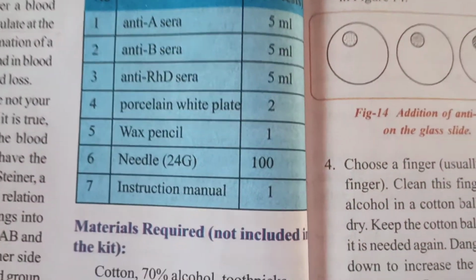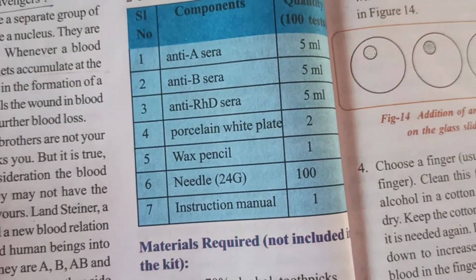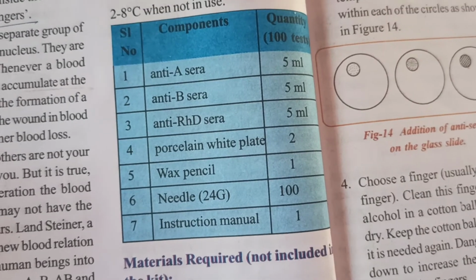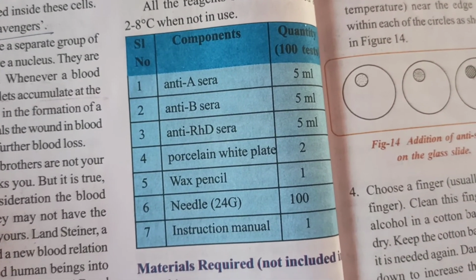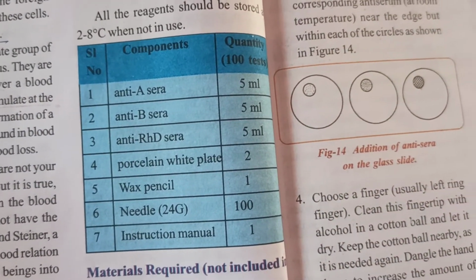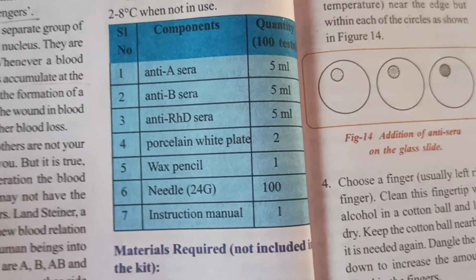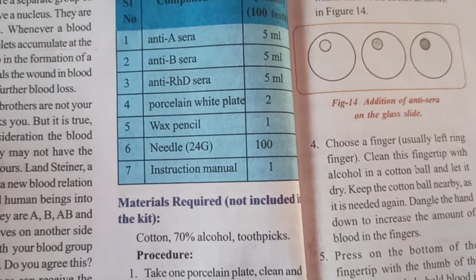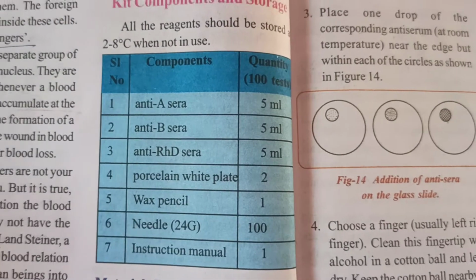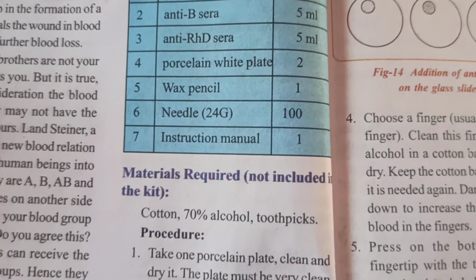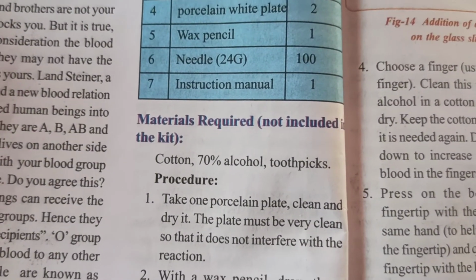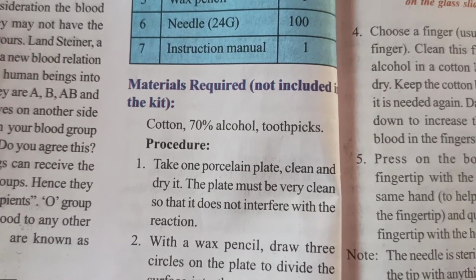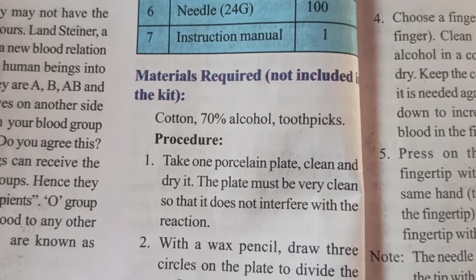These quantities can be changed. For example, if we need more, say we would like to determine the blood grouping for 200 or 300 members, it is available in larger quantities. So based on the requirements, we purchase the blood grouping kit. The materials required but not included in the kit are cotton, 70% alcohol, and toothpicks.